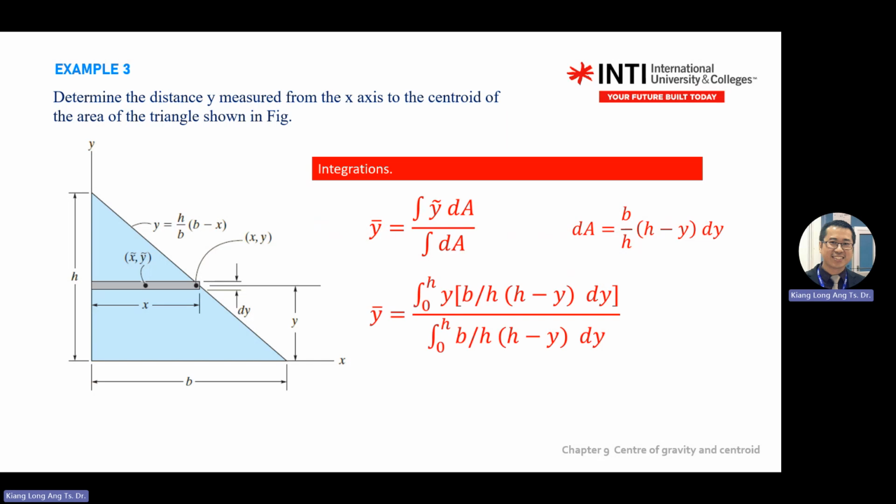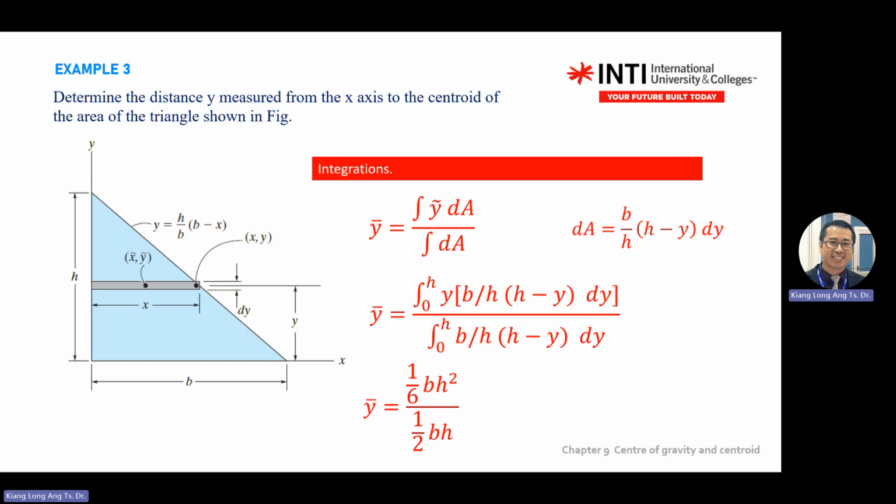It's a lengthy equation. Pull out all the constant values b and h, and you do the integration. On the top, you arrive at 1 over 6 bh squared. Below there, you get half bh. Again, this integration step, you assume you already know how to do.